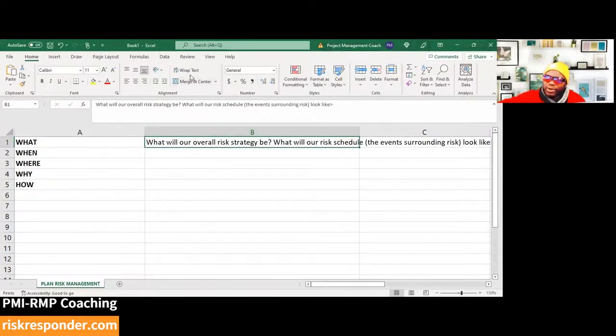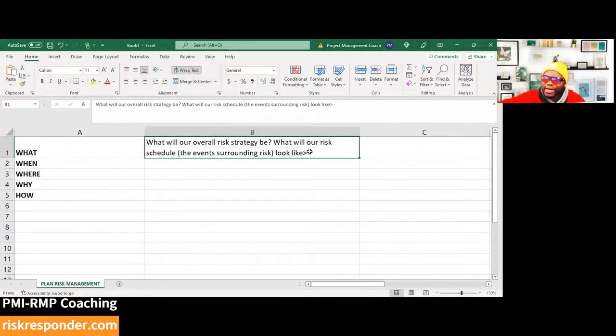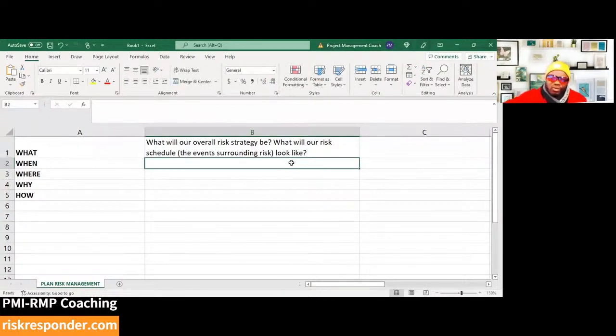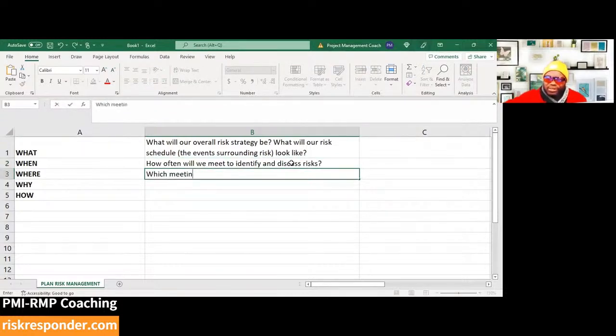So this is going from just managing risk ad hoc to really having a plan, and then the when, how often will we meet to identify and discuss risks? The where is going to be, which meetings will this happen in, or events if you're in the world of Scrum.